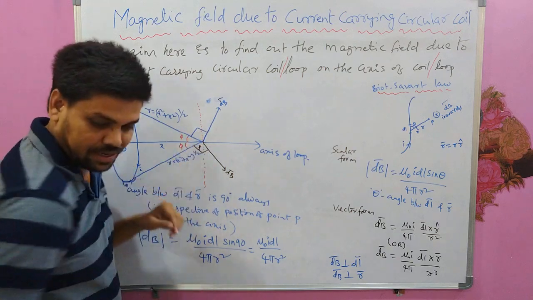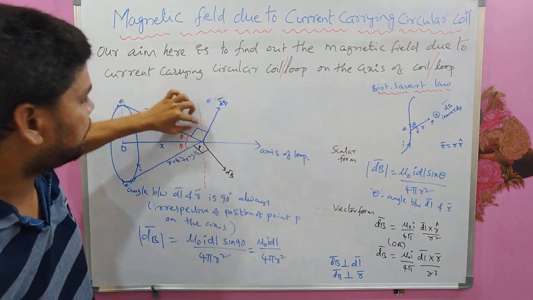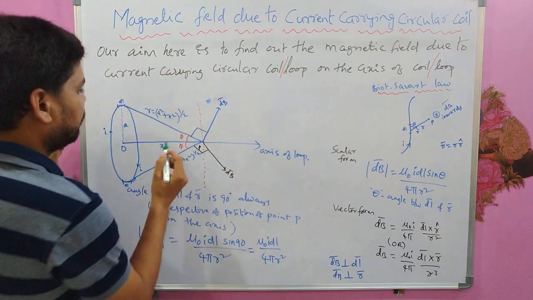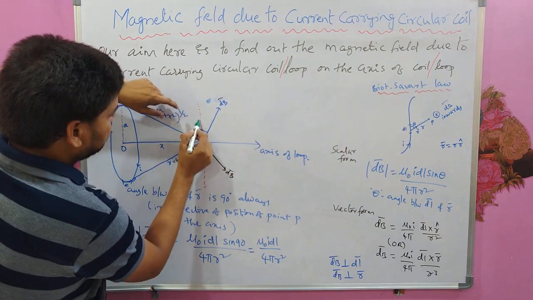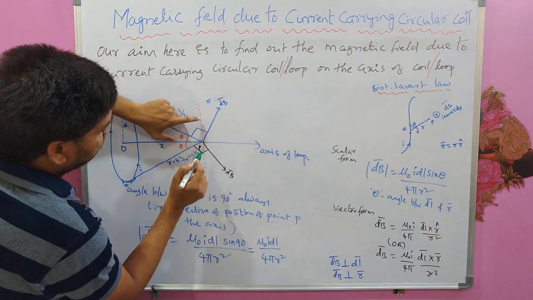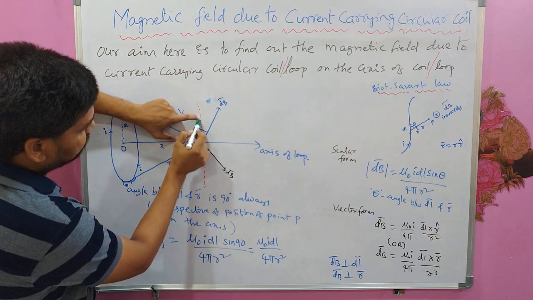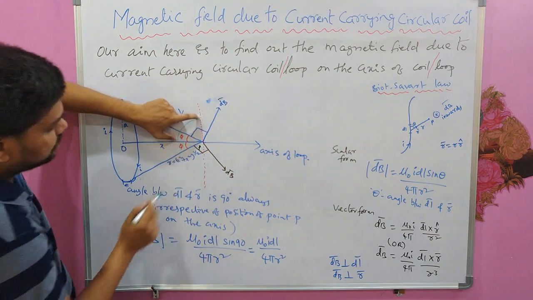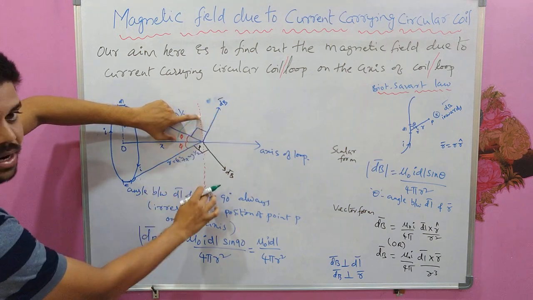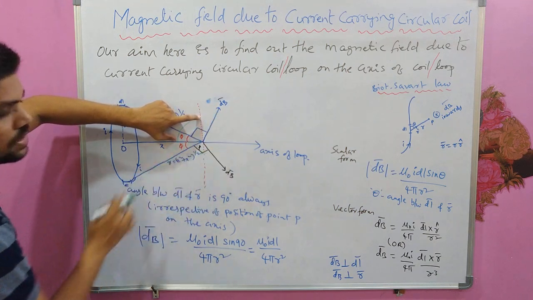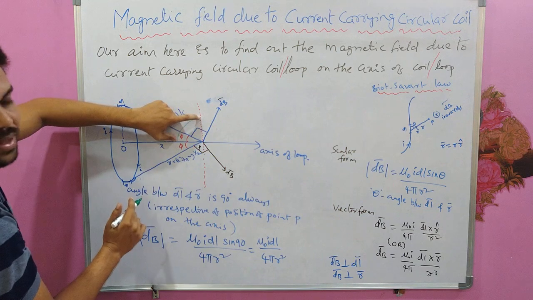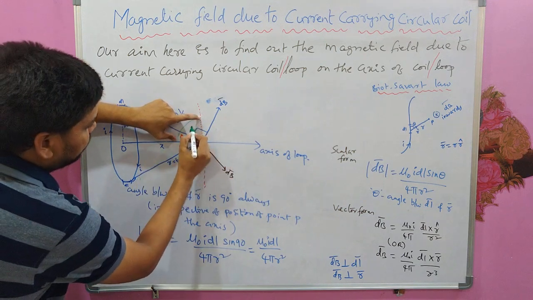What is this angle? For example, this is 90. Just concentrate on my fingers. This is 90. They are perpendicular because this is a normal line drawn to this axis. If this is 90, what is this?